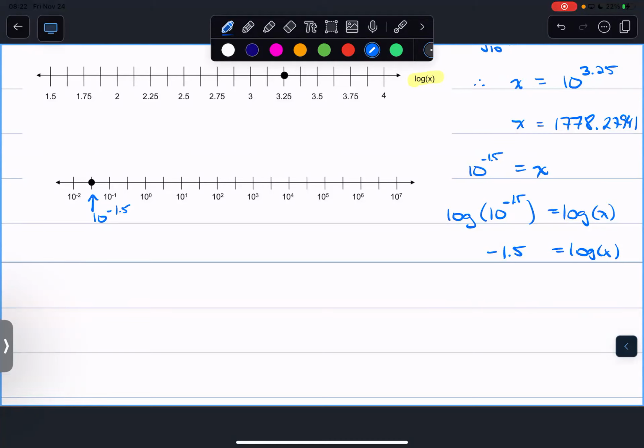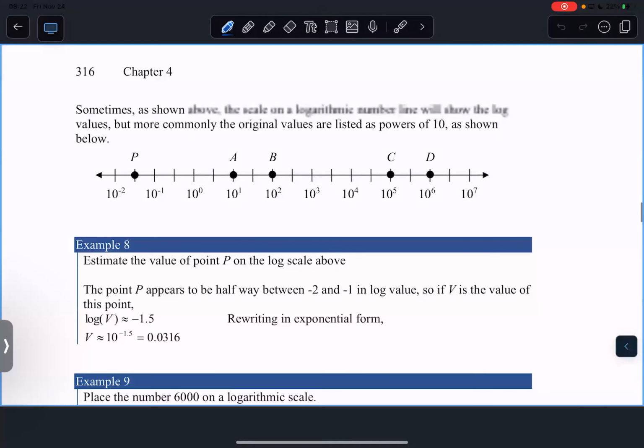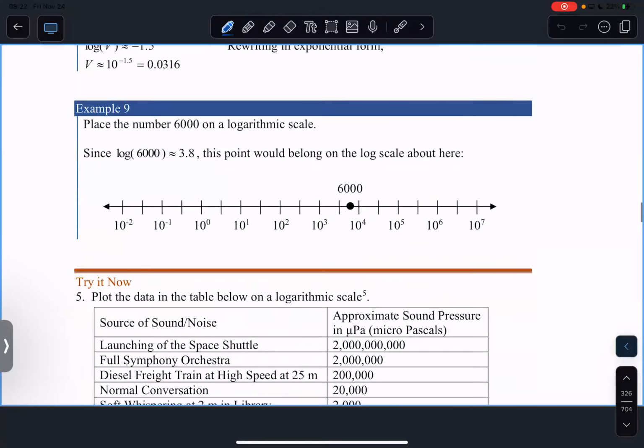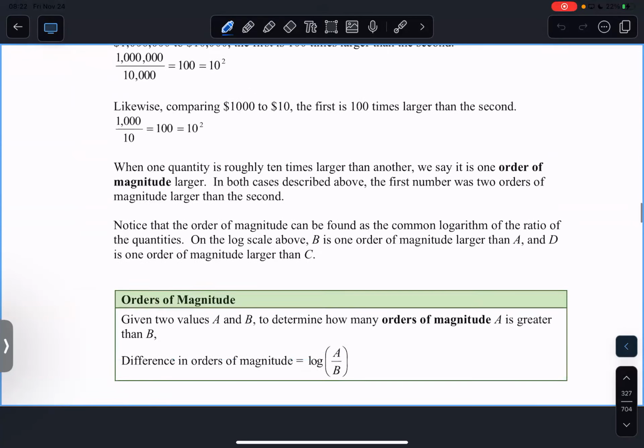Now, where am I going next? In here. So you can try it.